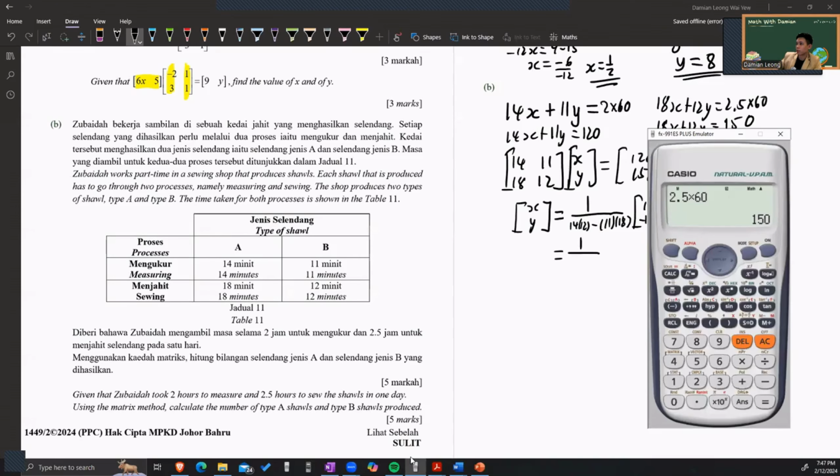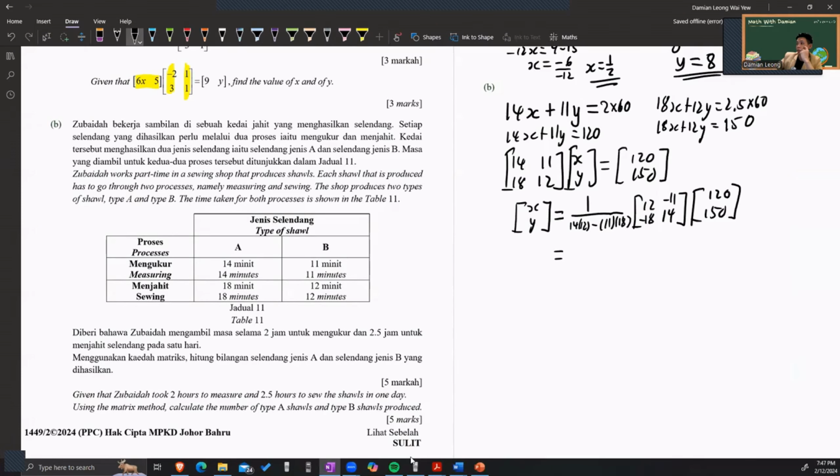So it's 1 over 14 times 12 minus 11 times 18. Negative 30. So it's negative 1 over 30 lah. Times these two matrix. First matrix follow rows, second matrix follow columns.